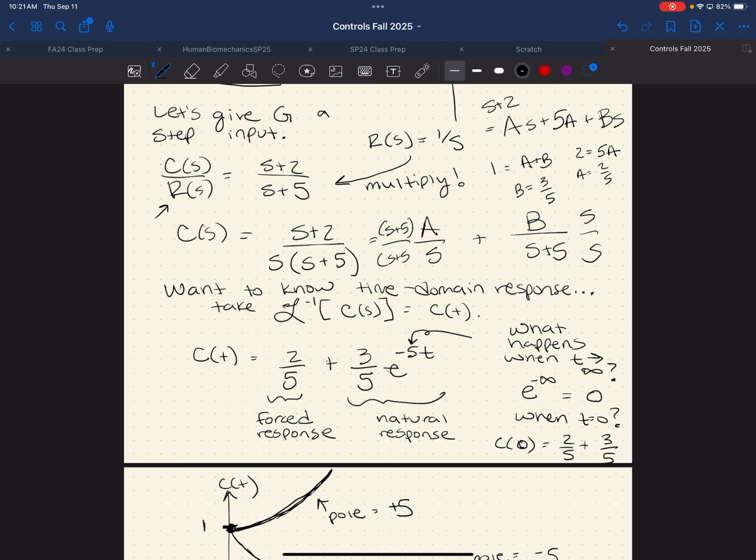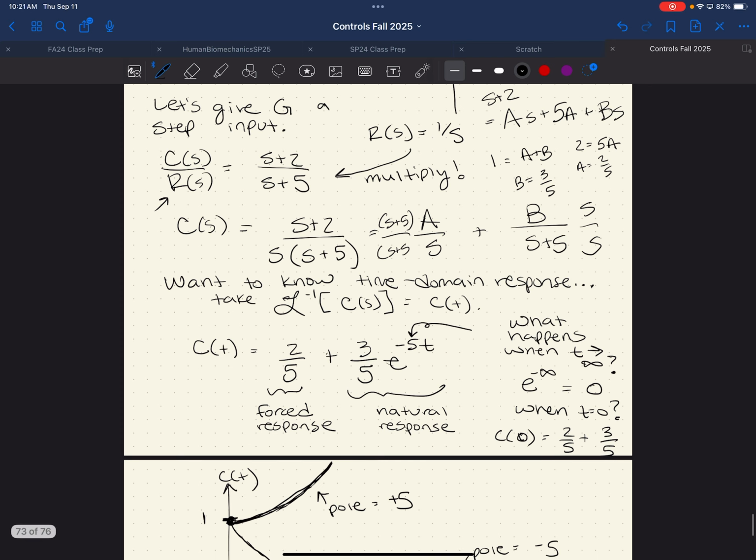So my terms would be 2/5 over s plus 3/5 over s plus 5.